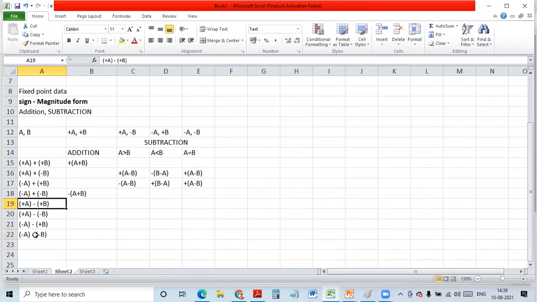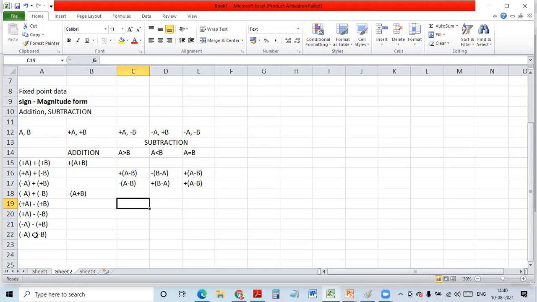Now tell me what is the result. Okay, see, plus A minus of plus B. So the result is the result of the operation, either addition or subtraction. Subtraction, and that too it is A minus B or B minus A, depending on the comparator output again.